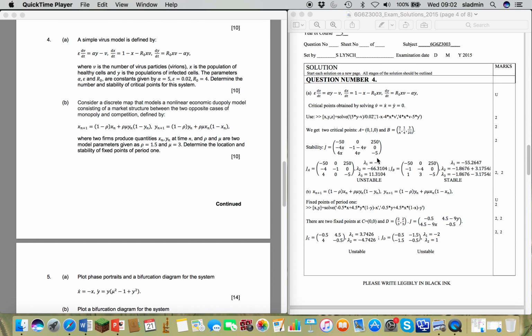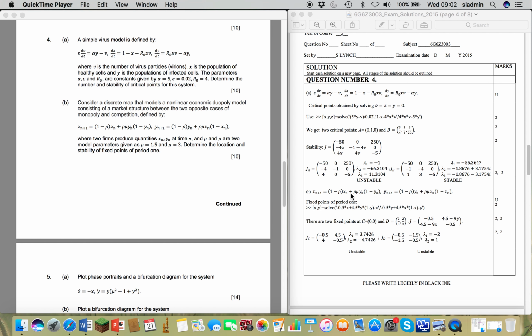And here are the eigenvalues. Two of these are negative, but importantly, one of them is positive. So overall, this critical point is unstable. For the second critical point, you can see that all of the eigenvalues have negative real part, so this critical point is stable.